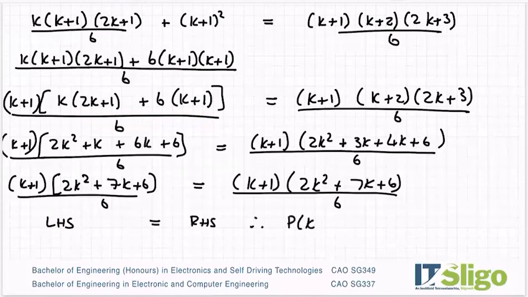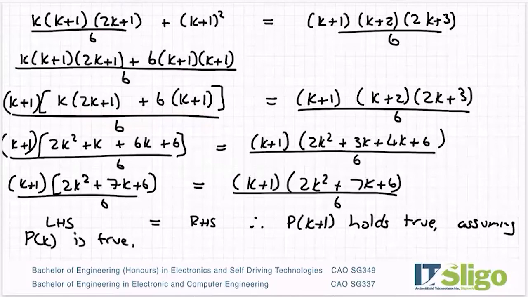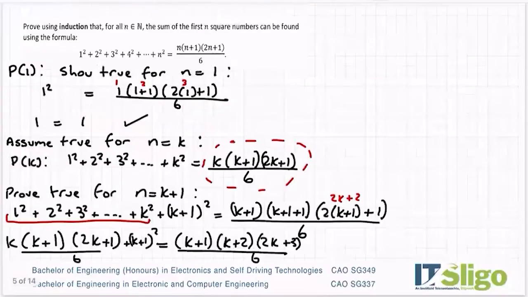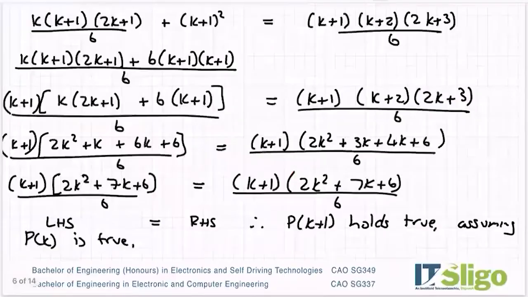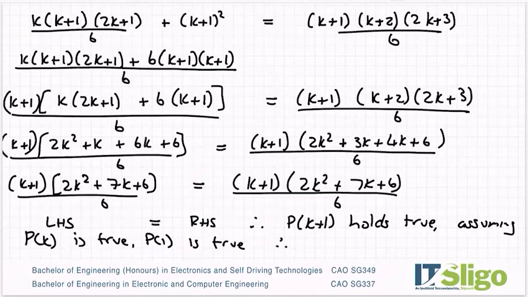Therefore, P of k plus 1 holds true, assuming P of k is true. Okay, we also showed that P of 1 is true. Therefore, we've shown the smallest, we've shown the general number and the number after it.